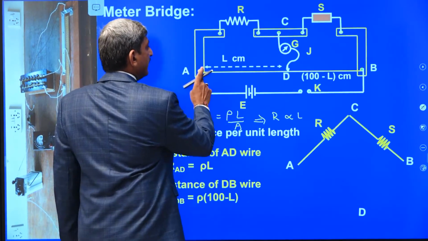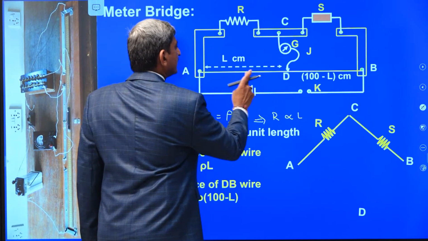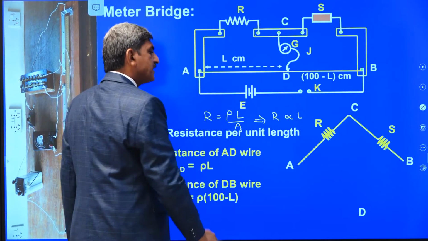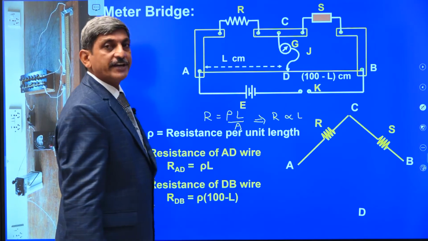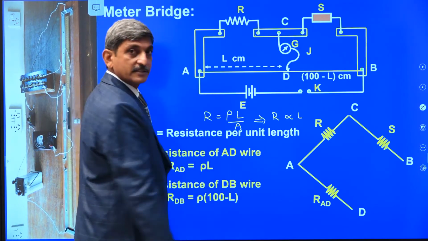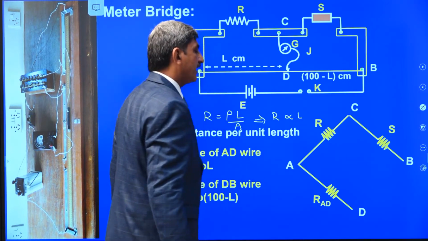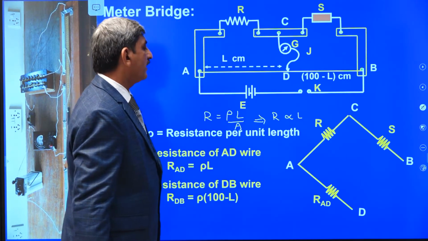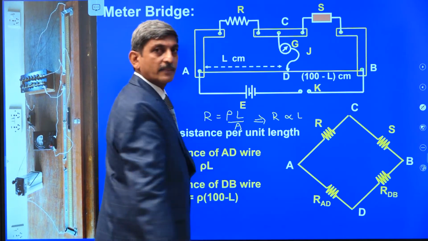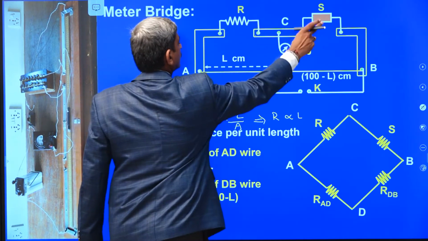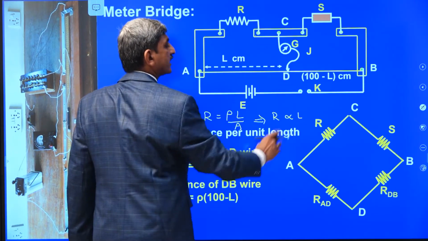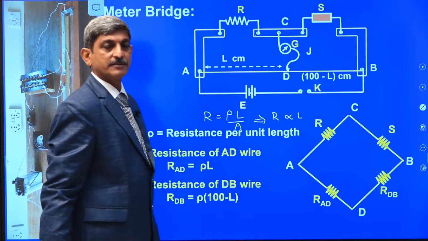Whereas between the points A and D, the resistance RAD of the wire is acting, and this DB portion of the wire is offering RDB. That's why 4 resistances are connected as the 4 arms of the Wheatstone bridge.